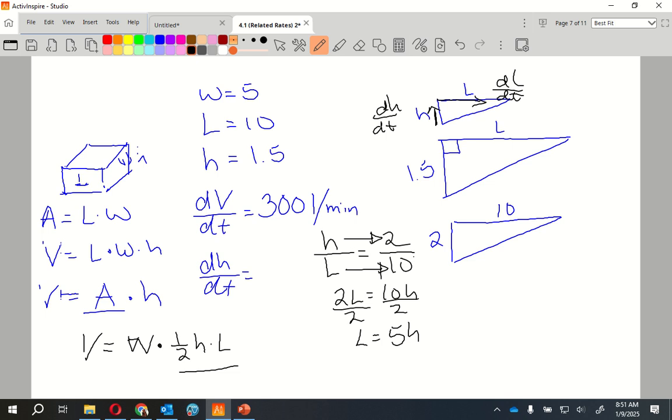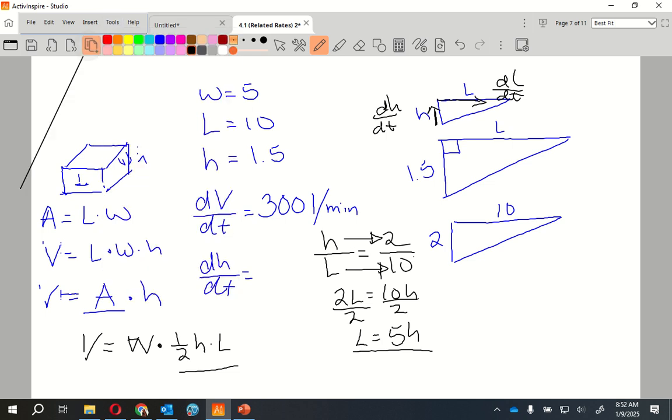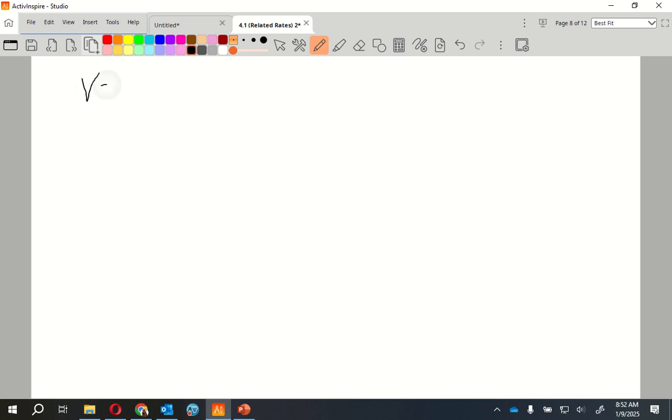Now I'm going to substitute, and this is the reason why this is completely different from what we were doing. That's the reason why I wanted this to be its own lesson. I'm going to replace L with 5H. So in my volume problem, one half height times length times width.